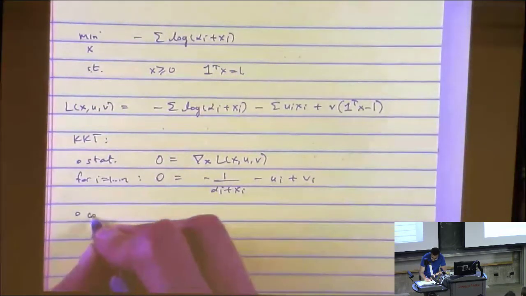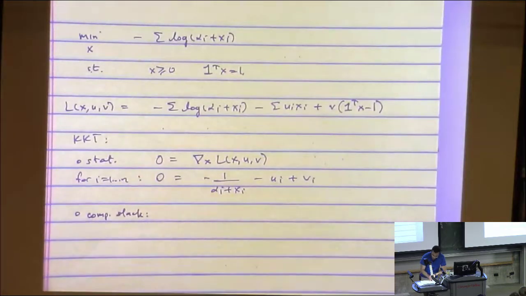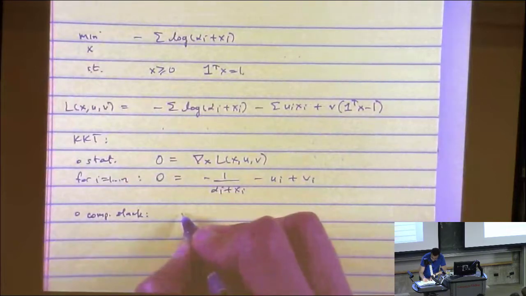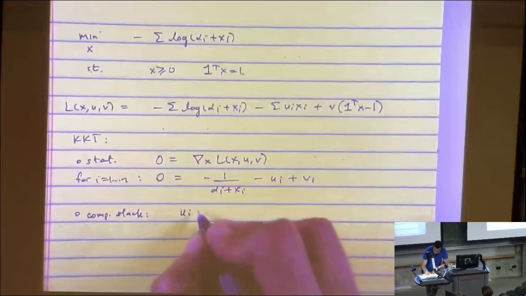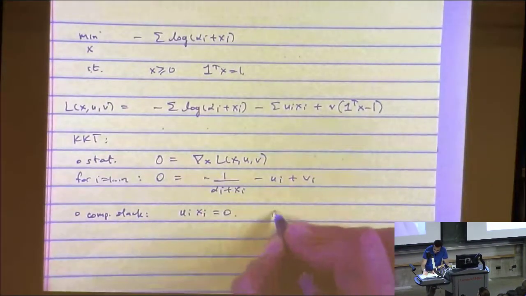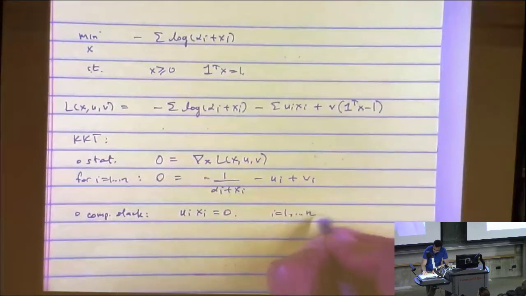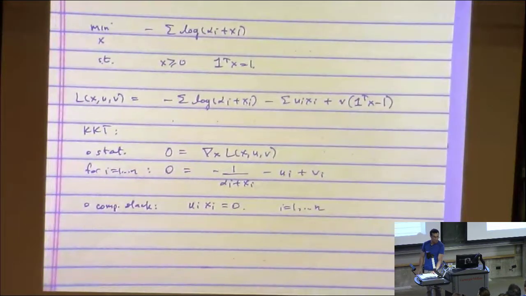So that's stationarity, this condition. Complementary slackness. Well, we have these inequality constraints, and so what we know has to be true is that u_i times x_i has to be equal to 0 for all i. So either our dual variable has to be 0 or x_i has to be equal to 0.